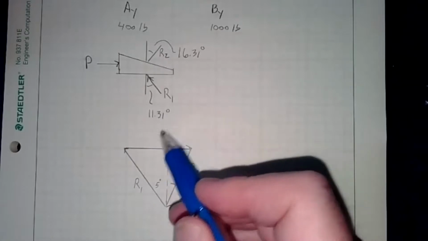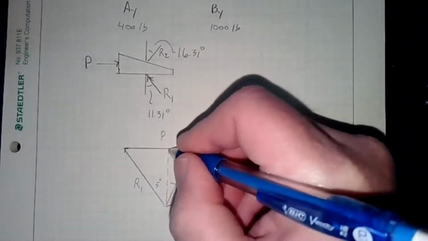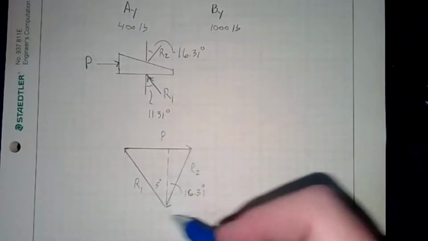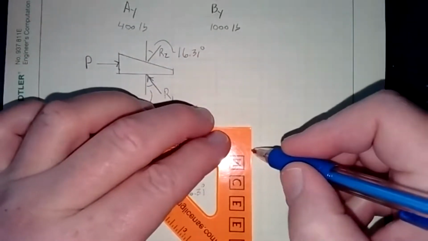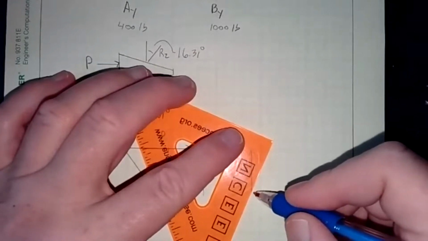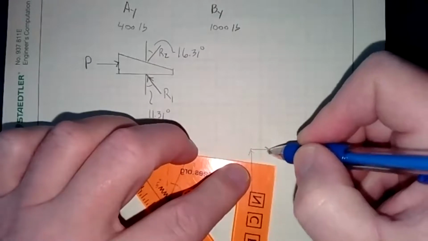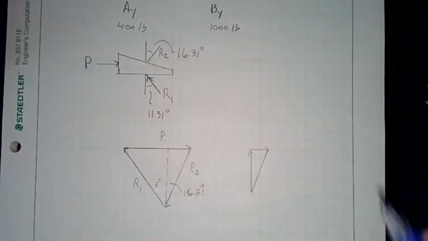What we want is this. But notice how we have a vertical force in this triangle, a vertical component. So if we were to separate this triangle, what would we have? We would have the vertical component and the friction component. And that would be that, wouldn't it?